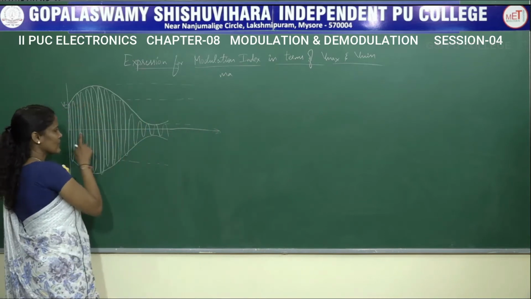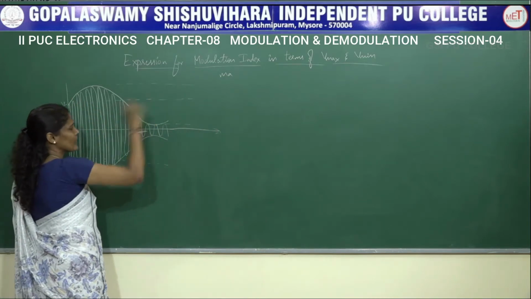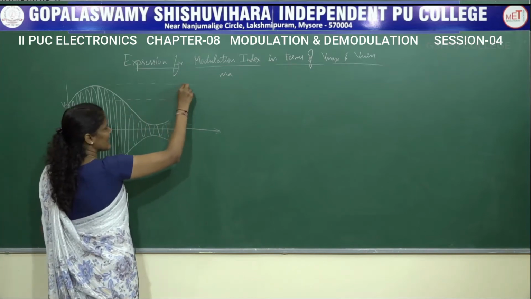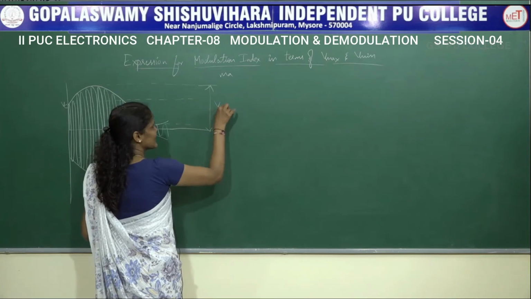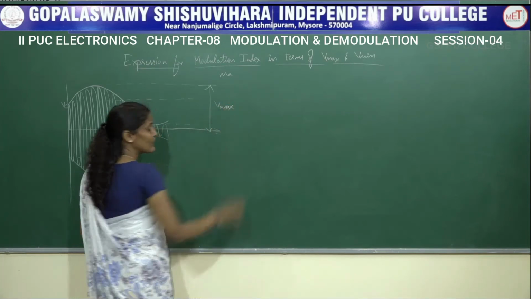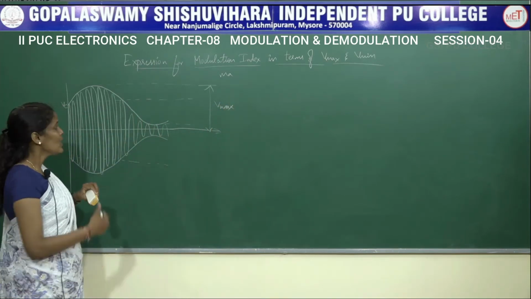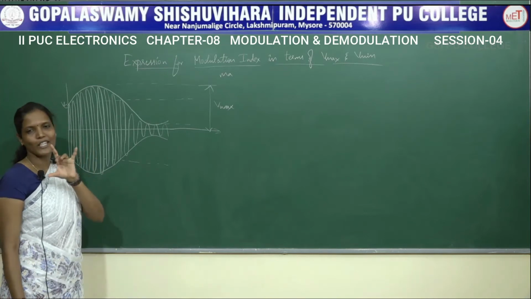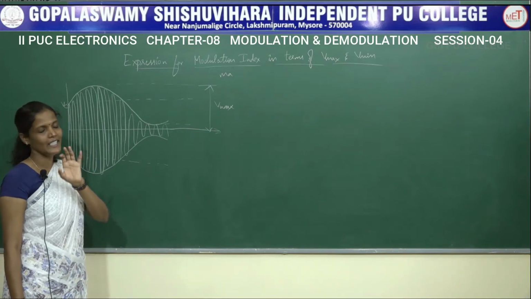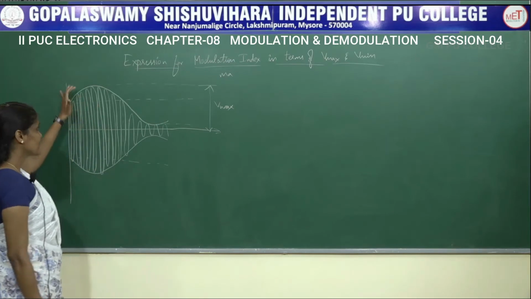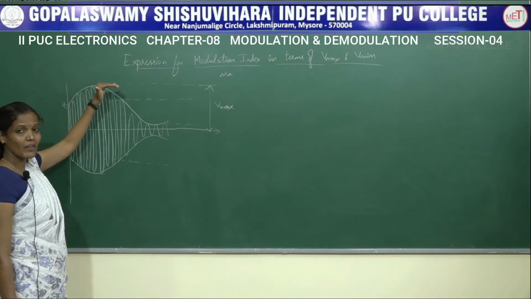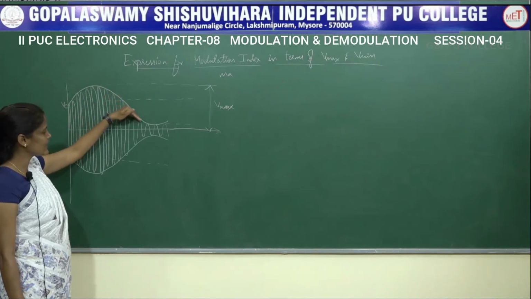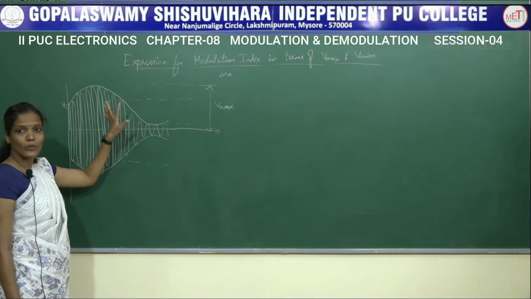This entire thing from the zero axis line is VC, whereas this can be considered as V maximum, that is the maximum amplitude which will be reached by the carrier signal whenever the positive half cycle of the modulating signal appears. When the positive half cycle of the modulating signal comes, VC will increase. When the negative half cycle of the modulating signal comes, the amplitude of VC will decrease.